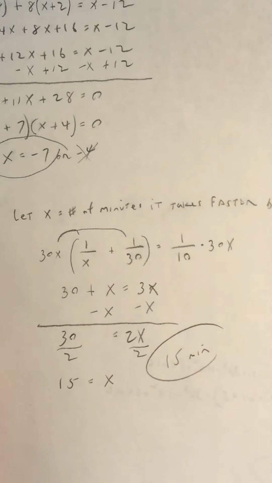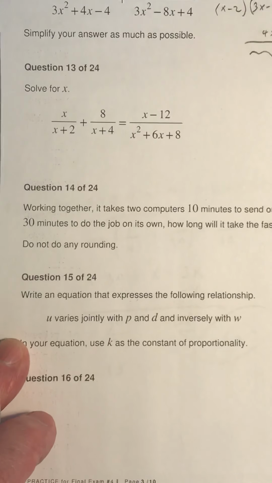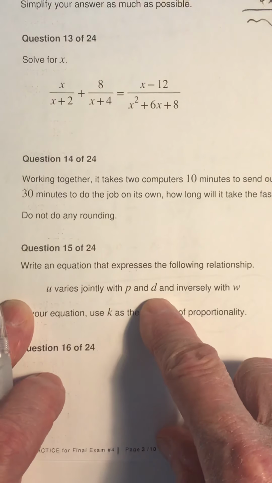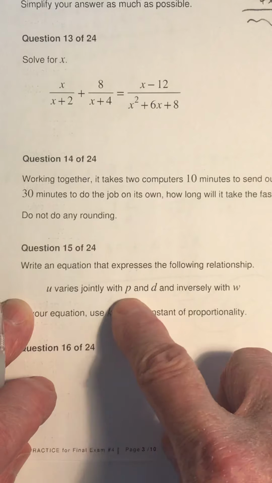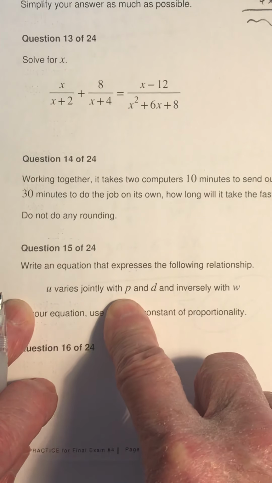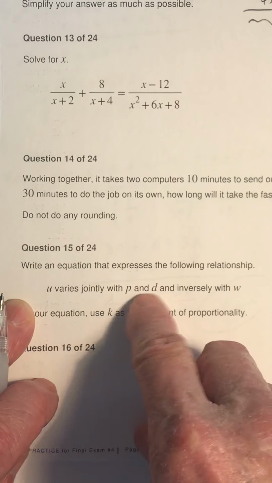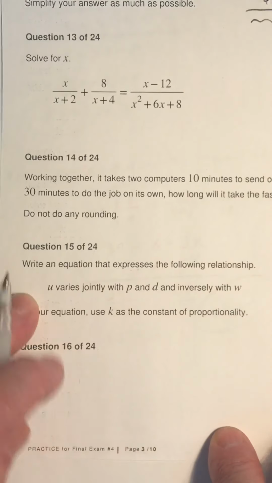And finally on this page, question 15, we want to write an equation for this. U varies jointly with P and D and inversely with W. So remember, jointly just means multiply by your unknown constant K and multiply by both variables that it varies jointly with. Inversely means divide by that variable.